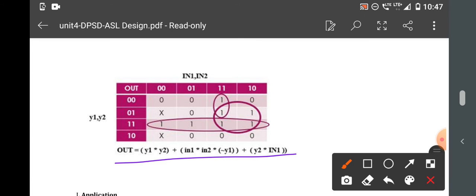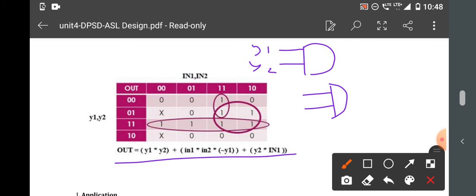So from these three equations you can draw the circuit. Let me draw one output; one I am showing, the remaining you can draw. We have two elements, Y1 and Y2. This is made up of an AND gate, Y1, Y2. Then we have IN1, IN2, input 1 and input 2. And we have one more, which is obtained from the feedback element network. This is given to an OR gate.